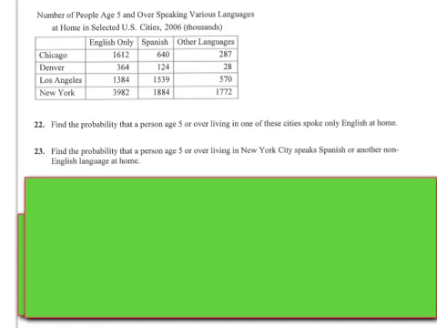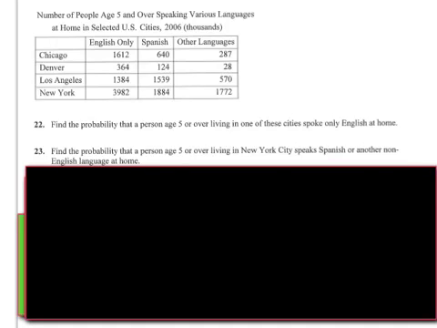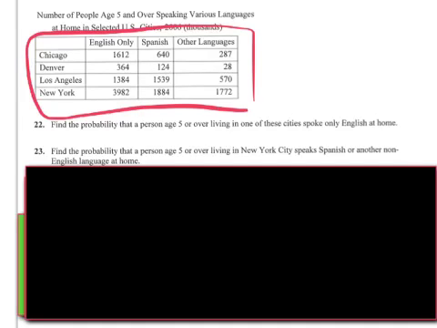So in this last one, we have the same data we had before with the number of people in these 4 cities that spoke various languages. In 22, they want us to find the probability that a person age 5 or over living in one of the cities spoke only English at home. So 5 or over in any one of the cities, that's the entire data here. And that totals to 14,186.